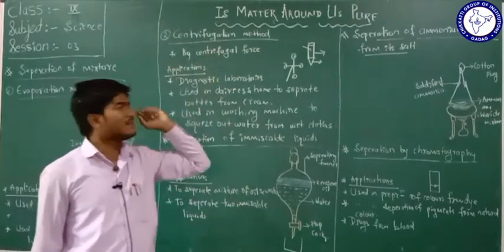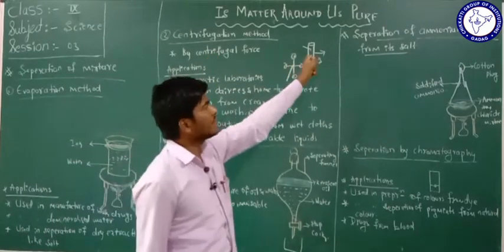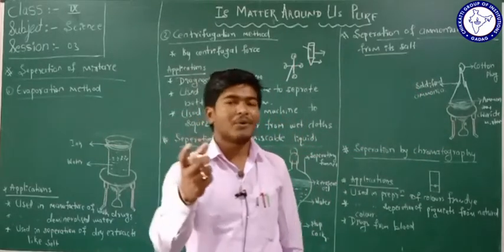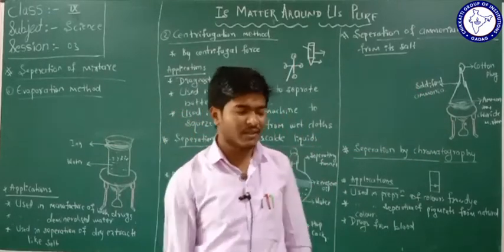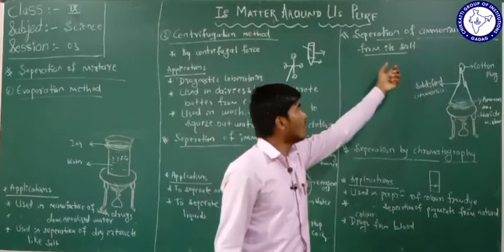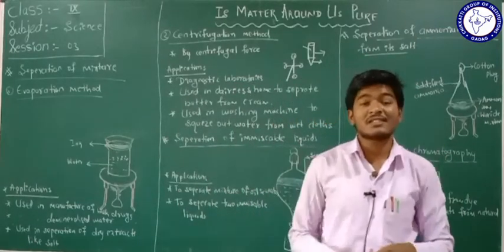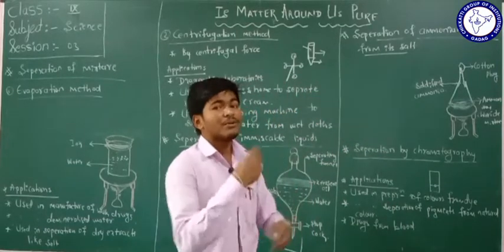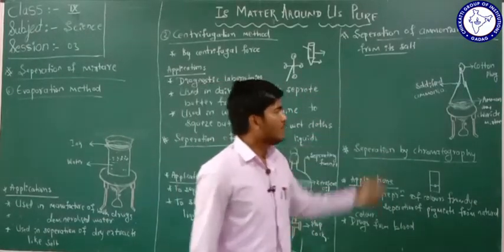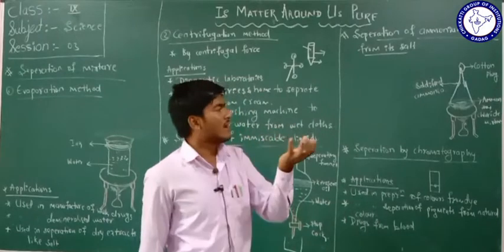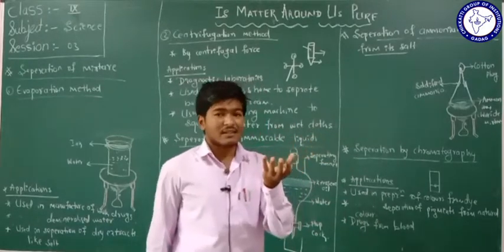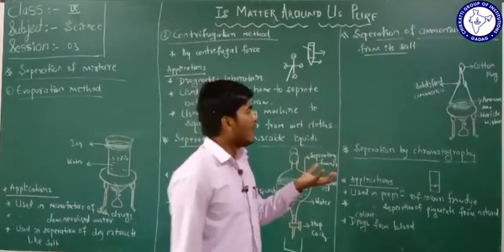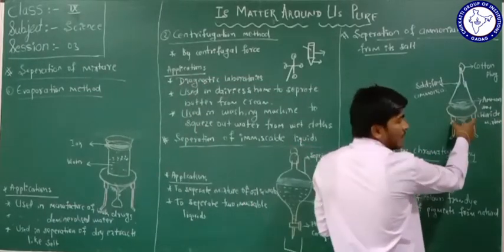So next I am considering another one, the separation of ammonium chloride from its salt. What we are going to do here is take the ammonium chloride salt in a watch glass and place it on a stand.